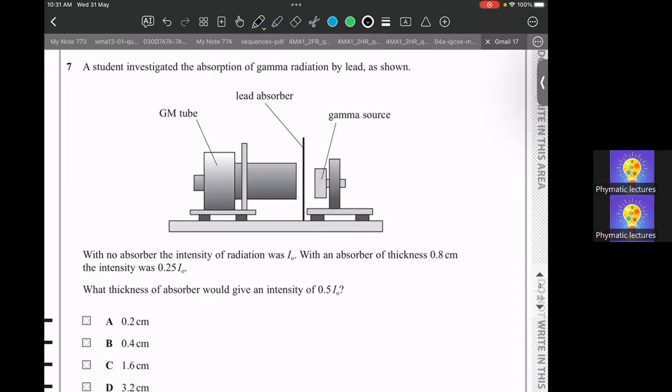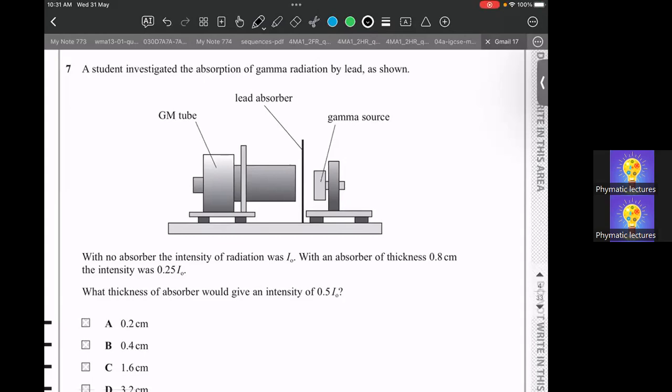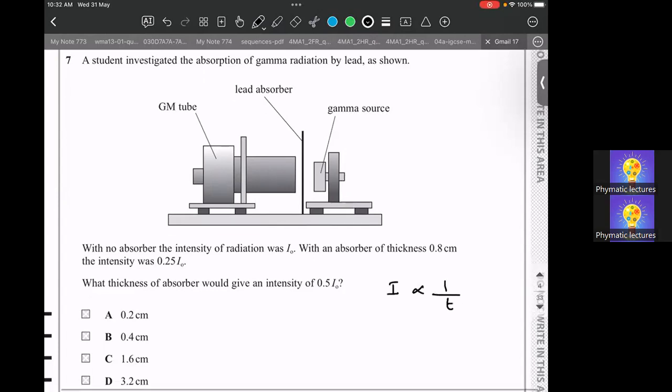So from this, we got an idea that intensity and thickness are inversely proportional. When thickness increases, the intensity decreases. So intensity is proportional to 1 over thickness.